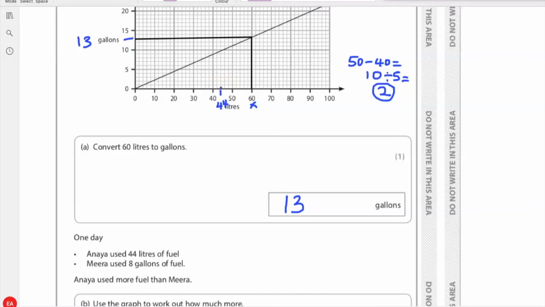Now I need to draw a line up to meet the middle line and then trace it to gallons to know how many gallons it is. Okay, let's go 44. Remember to use the ruler here.